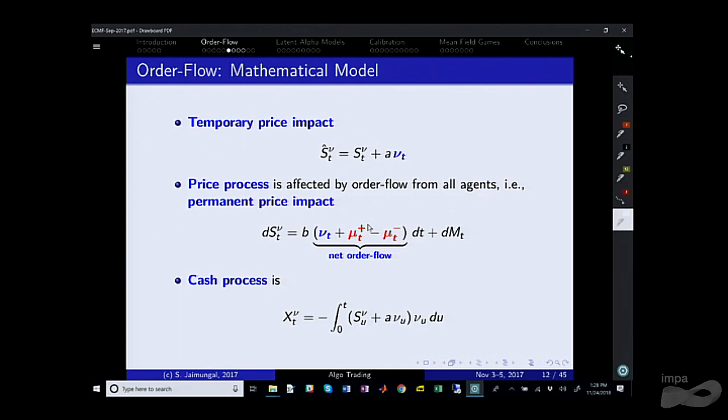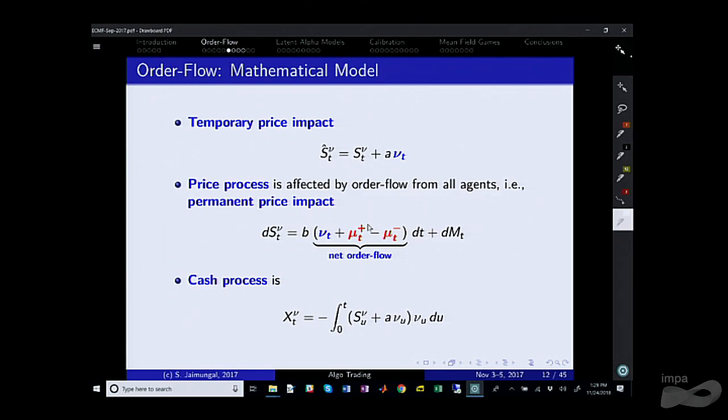So they have order flow mu plus and mu minus, and you may have a model for that by looking at historical data. Maybe you see that if there's positive excess order flow in the next period, there will also be positive excess order flow, but not as much, perhaps. You can look at data and try to come up with a model for that. You can, again, use a machine learning model to underlie that. But we definitely have to incorporate this drift effect.